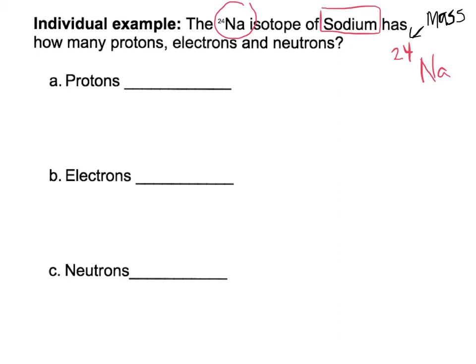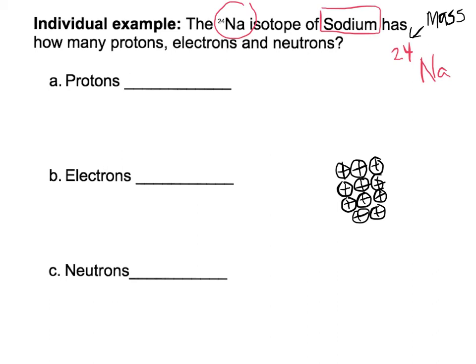So what I'm going to do is draw a picture to help visualize the idea. So sodium, if I look up on the periodic table, I know has 11 protons. So I'm going to draw those 11 protons. There's my 11 protons.